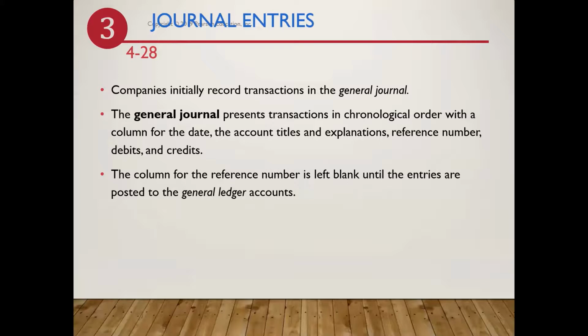Using the general journal as a first record of an economic event has several advantages. The general journal maintains a complete record of the transaction and provides an explanation of the event when the transaction involves complex events. In addition, all economic events are listed in chronological order, facilitating the location and correction of errors.